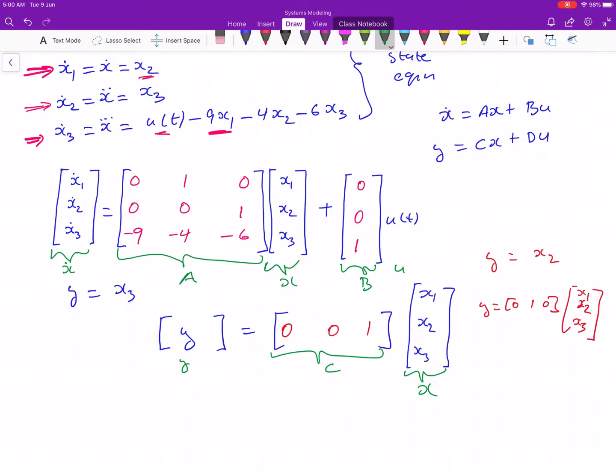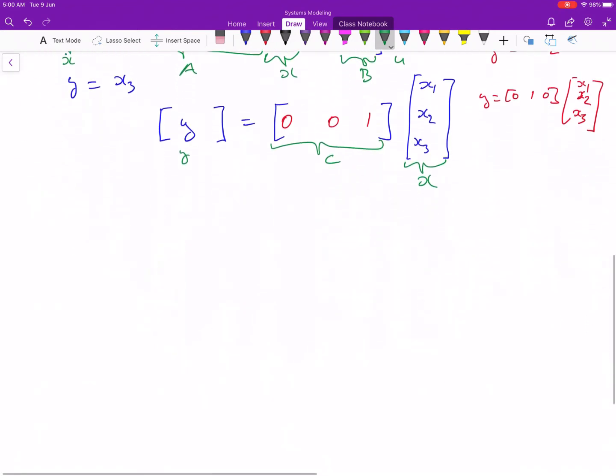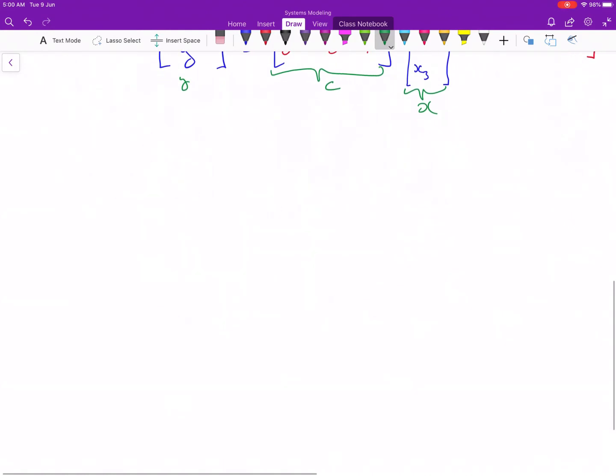And let's draw a diagram so that you can see where these things are if you had to simulate this in Simulink. Let's write our equations again. It will be x dot is equal to ax plus bu, and y is equal to cx plus du.